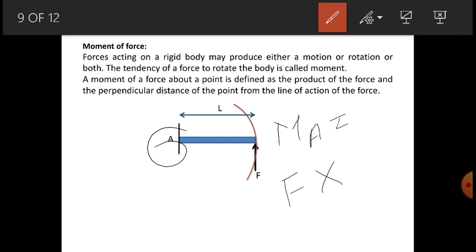I want the moment from the point A. And what is the distance between the point A and the point of application of force? It is L, right?